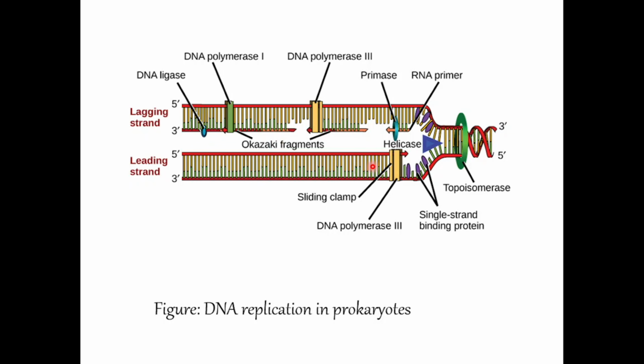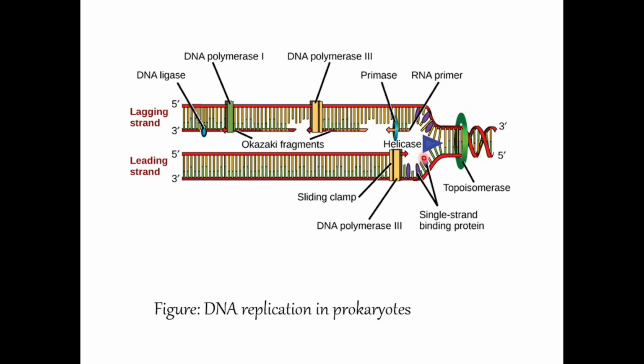Look at here. This is the 3 to 5 direction. This is the 5 to 3 direction here. Upon this strand, the leading strand synthesizes continuously toward the replication fork from 5 to 3 direction.